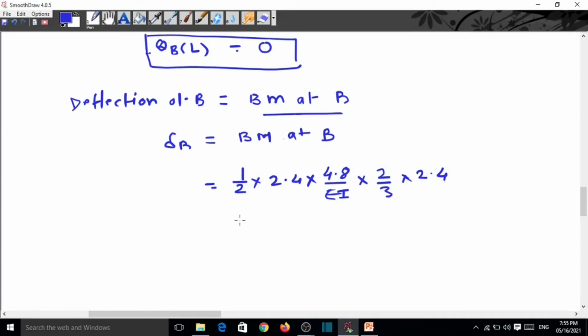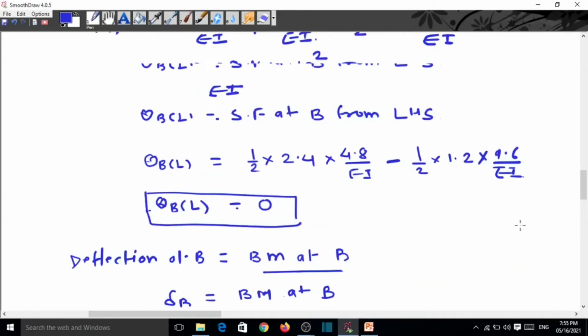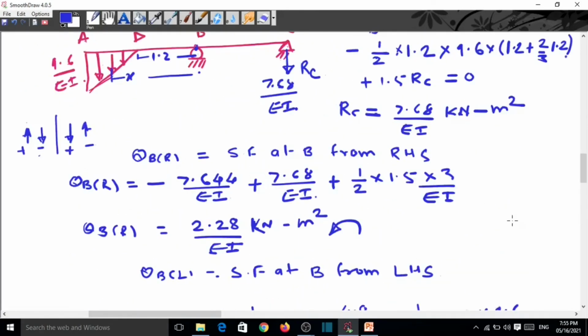This is a plus, and next one is a minus. There is 1/2 1.2 into 9.6 divided by EI. This is the area of triangle, and distance is, we know, is 1.2 plus the 2/3 of the 1.2. You can check here, 1.2 plus the 2/3 of this 1.2.